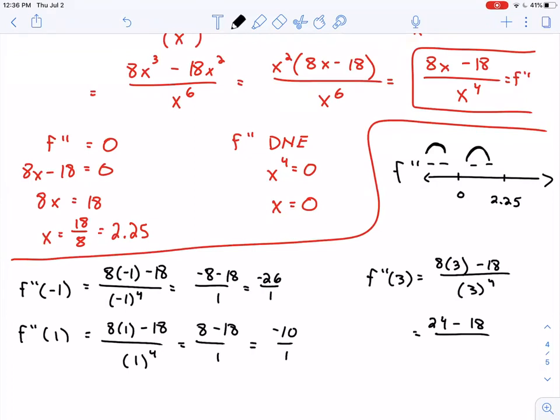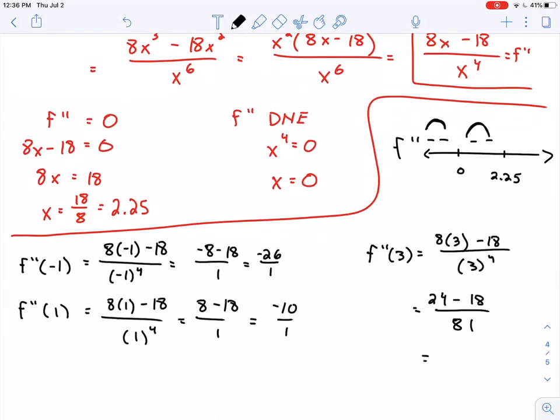That would be 81, I believe. 24 minus 18, I've got 6 over 81, which we could reduce, but really it's the sign I care about. It's a positive 6 over 81. Second derivative is positive. My function must be concave up on that interval.